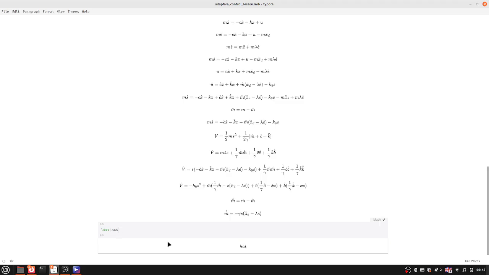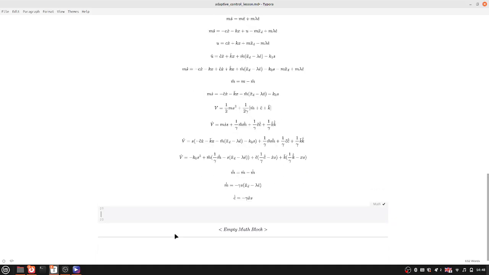That's the adaptive law for M hat dot. C hat dot is thankfully much easier. We're going to have gamma again, and it's just going to be X dot S, but remember the sign changed, so just put a minus sign there. That's C hat dot done, and finally K hat dot is simpler still.